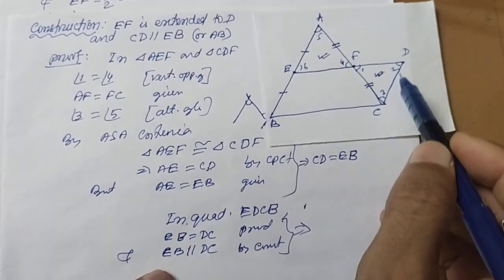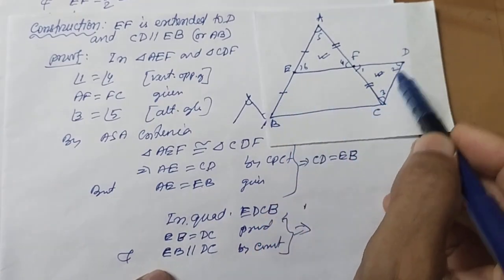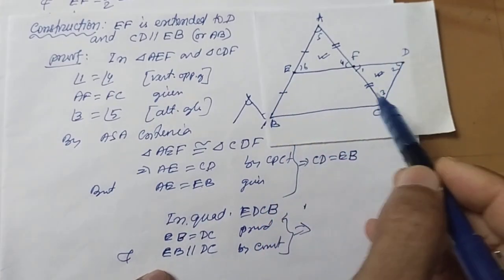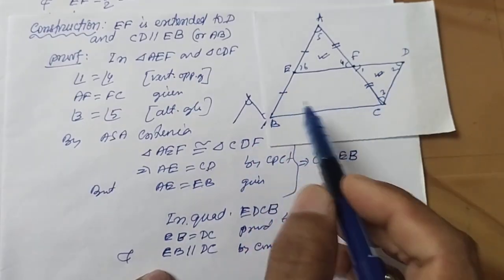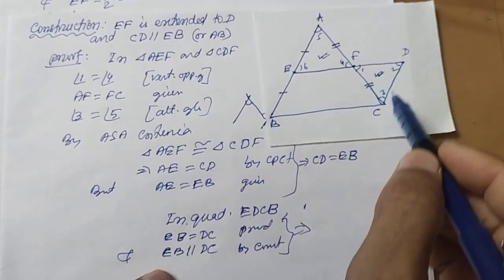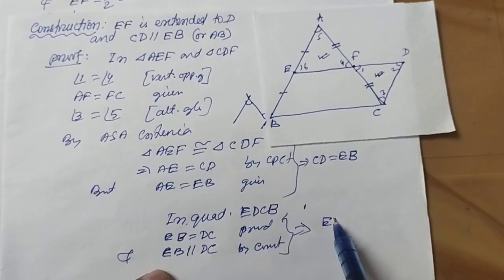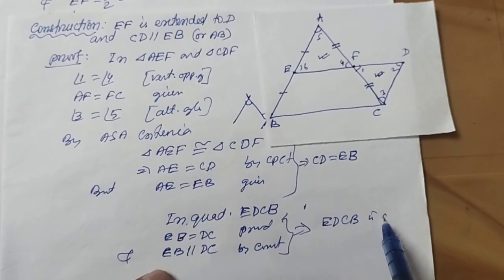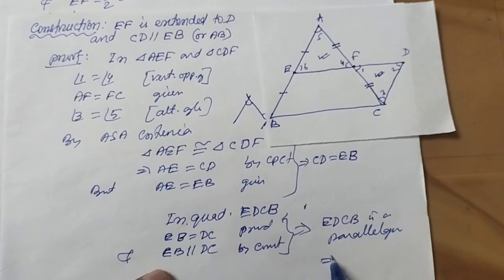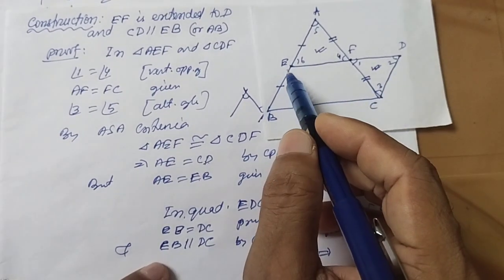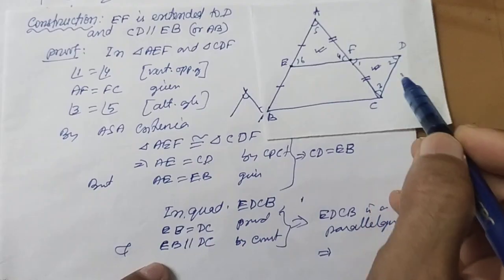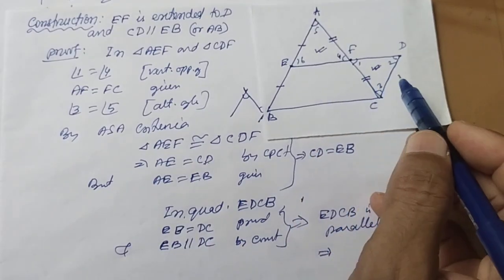That means in this quadrilateral, this pair of opposite sides EB and DC are equal and also parallel. That means this EDCB is a parallelogram. If it is a parallelogram, this implies opposite sides must be parallel.